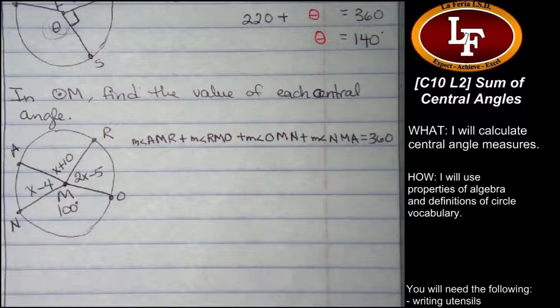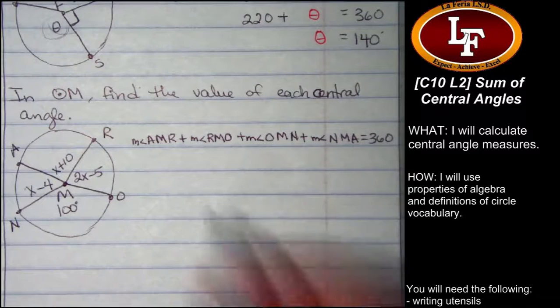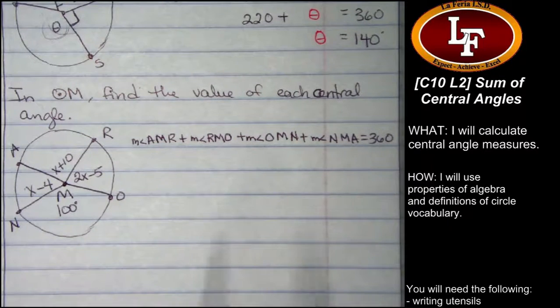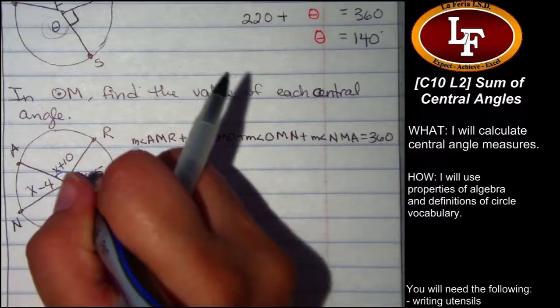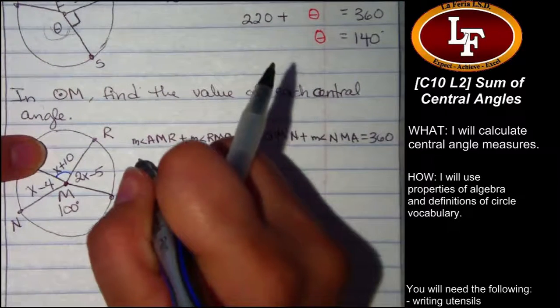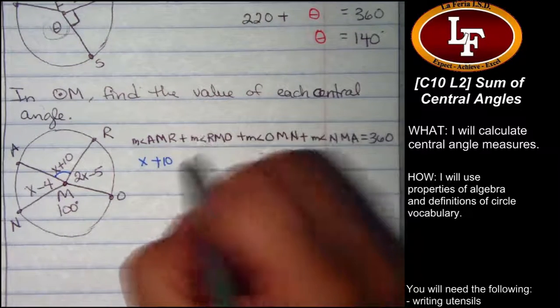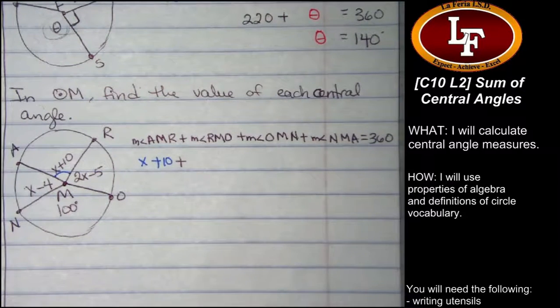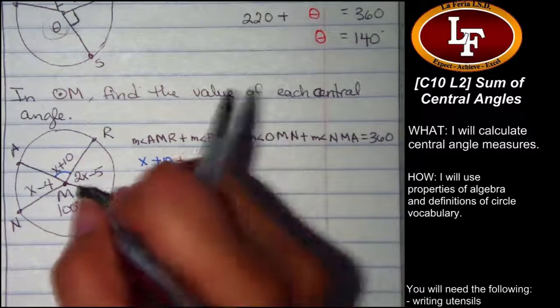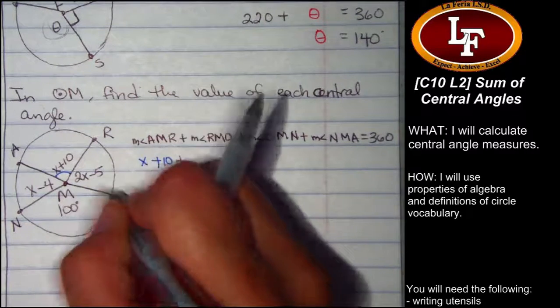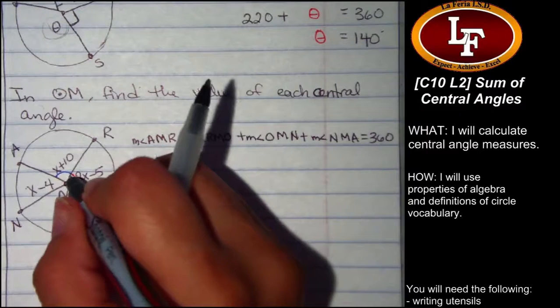All right, time for me to do substitution. I see that the measure of angle AMR is x plus 10. I'm going to look then at the measure of RMO right here.